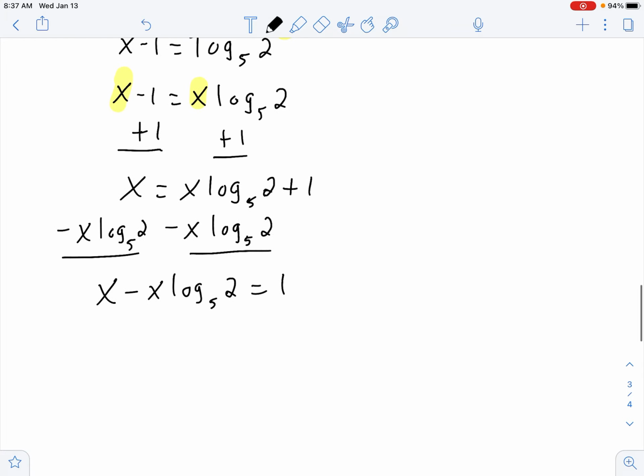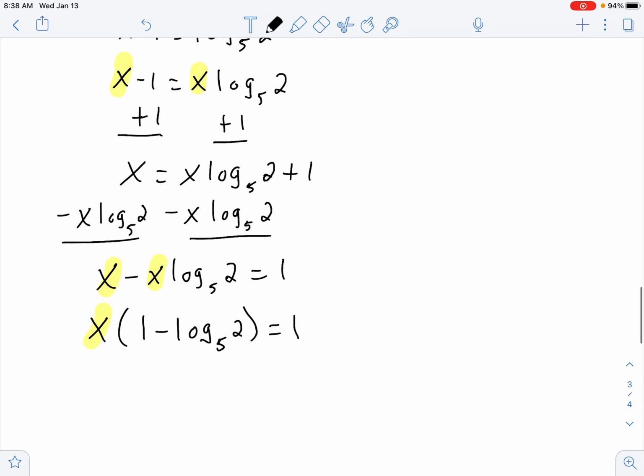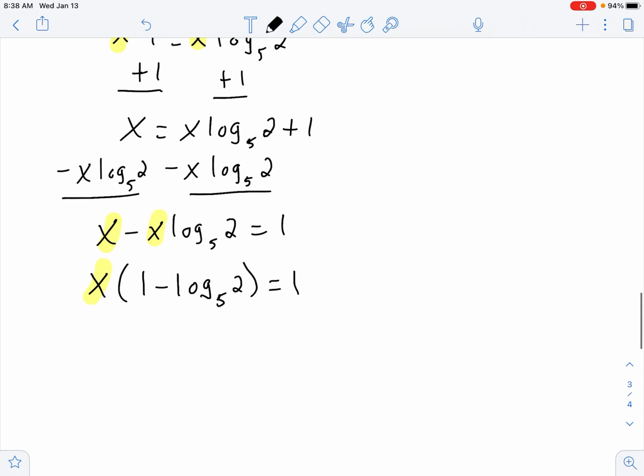Well, think about factoring and a common factor. I can go ahead and factor out this x and say this is x times 1 minus log base 5 of 2, which is equal to 1. Now I have this x isolated in a sense by just doing a division. I can have it completely by itself.